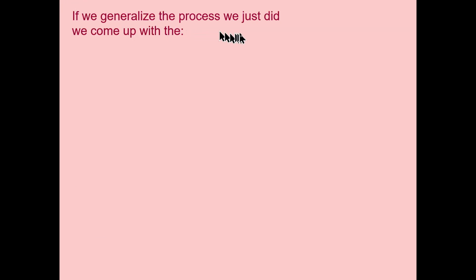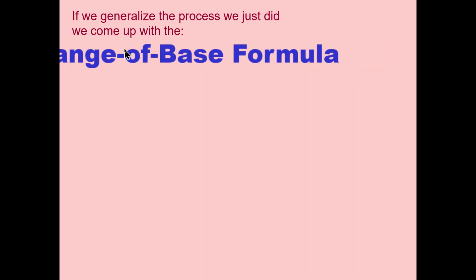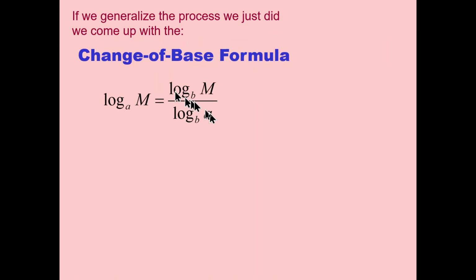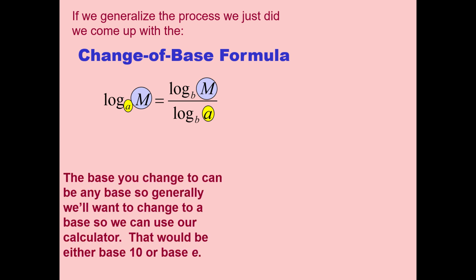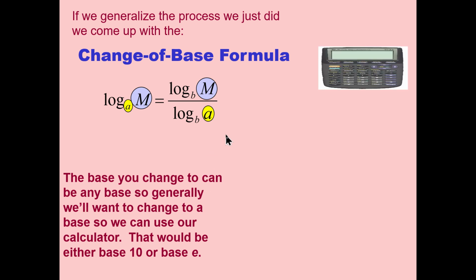If you generalize the process we just did, we come up with the change of base formula here. The base you change to can be any base, but generally we want to change to a base our calculator can use. That would be either base 10 or base e.